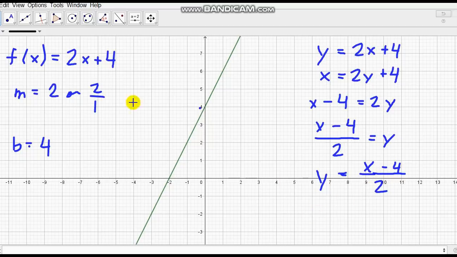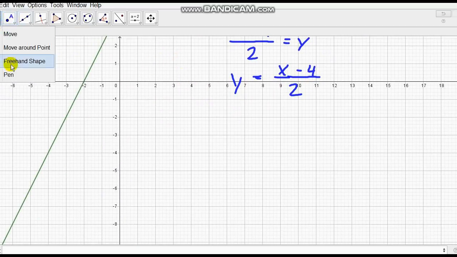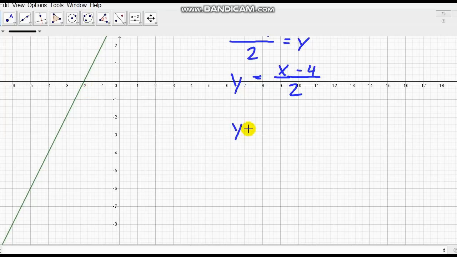We can separate the fraction here. So this becomes y is equal to x over 2 minus 4 over 2. This can be done on any fraction. Let's simplify 4 divided by 2. So this is y is equal to x over 2 minus 2.